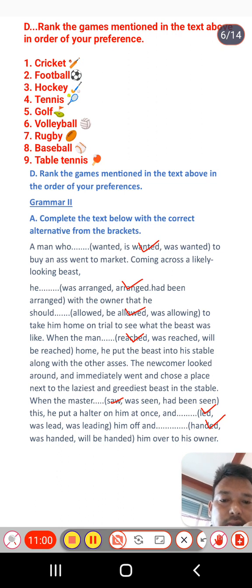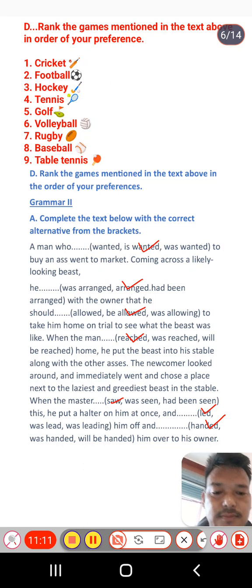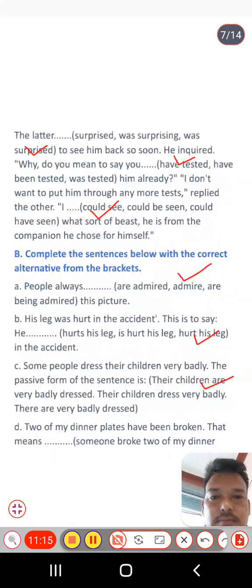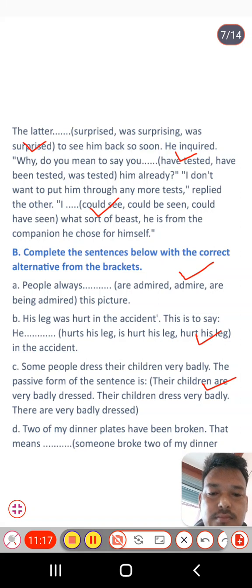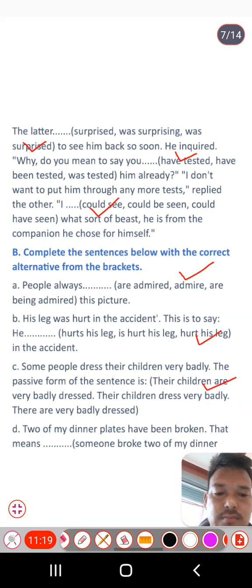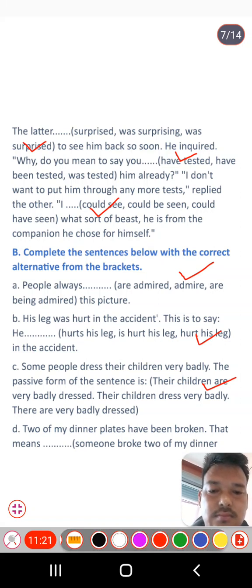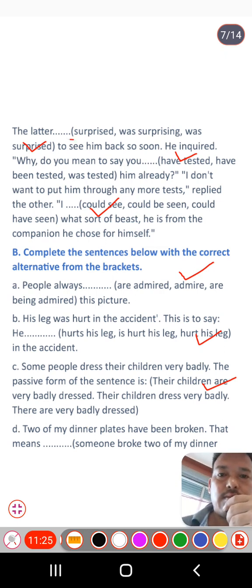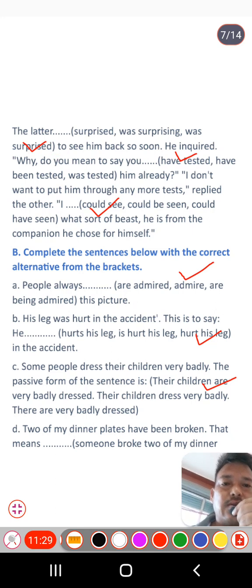When the master saw this, he put a halter on him at once, led him off and handed him over to his owner. The latter was surprised to see him back so soon.